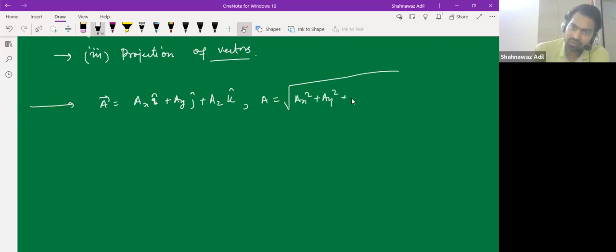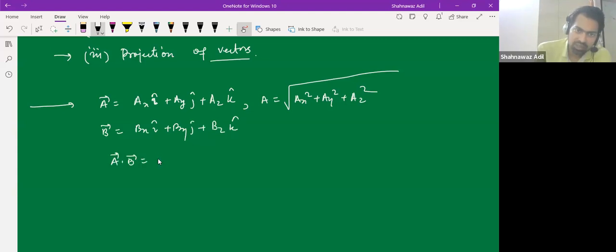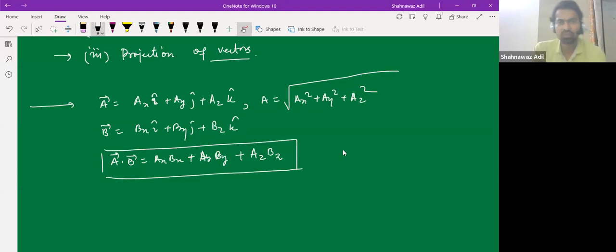And we have another vector, bxi plus byj plus bzk. When we calculate the dot product, we get axbx, the x components multiplied together, plus the y components multiplied together, plus the z components multiplied together. So this is the dot product in the Cartesian form, right?